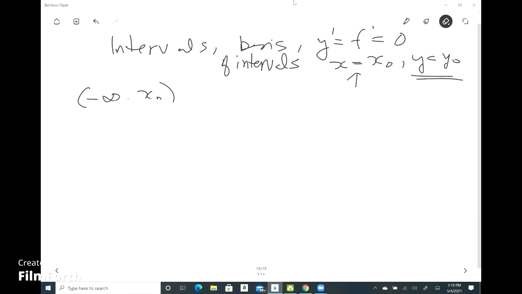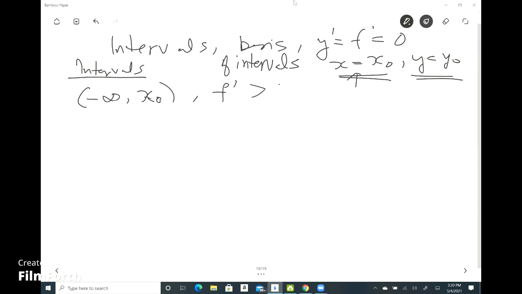I have the critical point x0. So the intervals would be, in the table, negative infinity to x0. And what about f prime? Is f prime negative or positive? Can you see your graph? For the first curve, positive or negative? Positive.